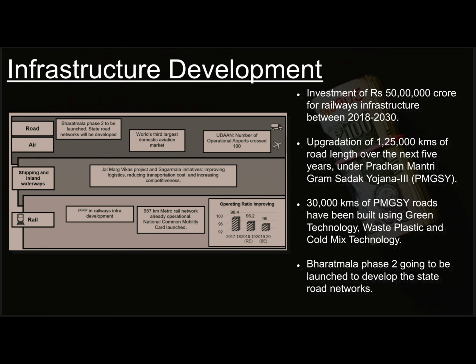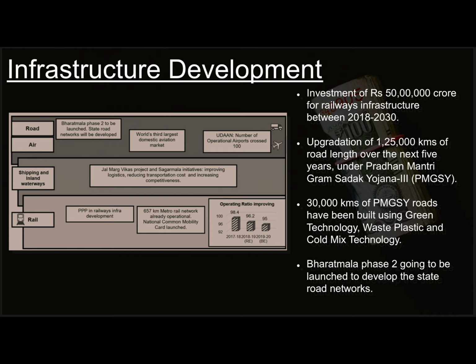Now let's talk about sector-wise analysis of the budget. First of all, talking about infrastructure development. Regarding roadways, Bharatmala Phase 2 is going to be launched. In airways, India is world's third largest aviation market and has immense potential to grow. Udan scheme is performing very well.